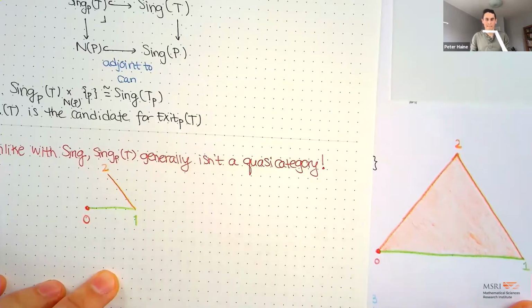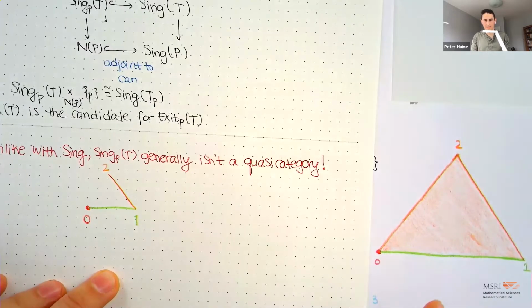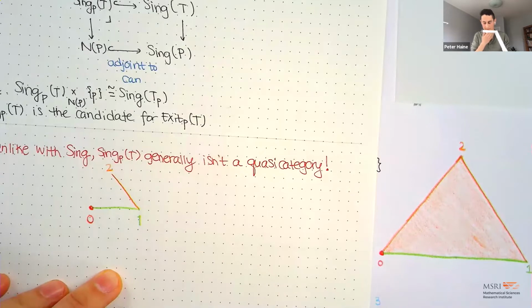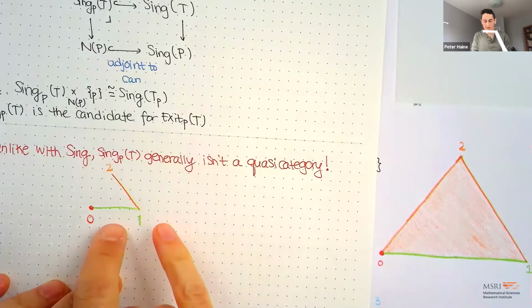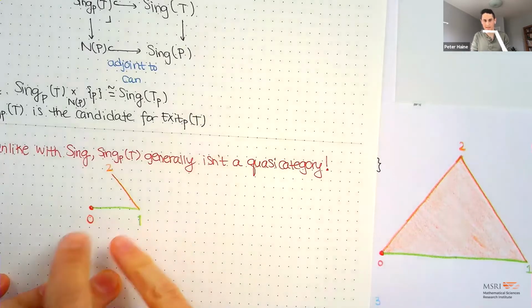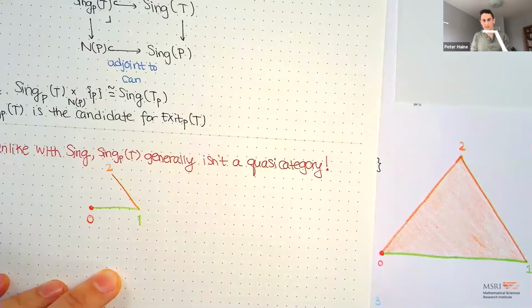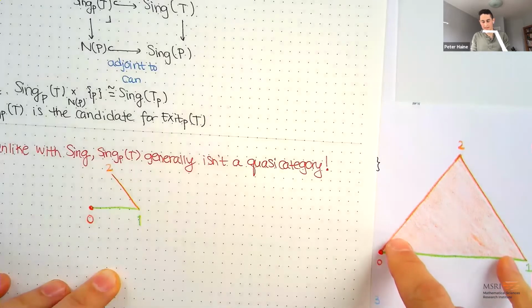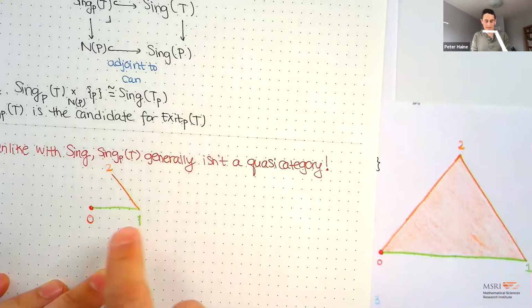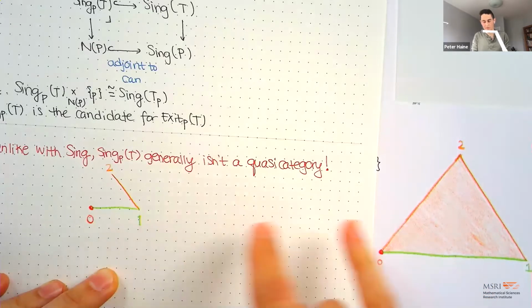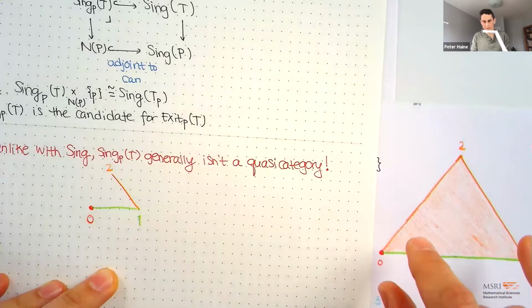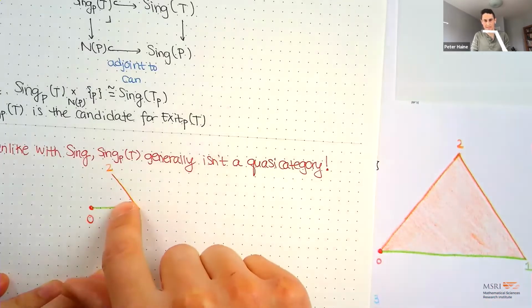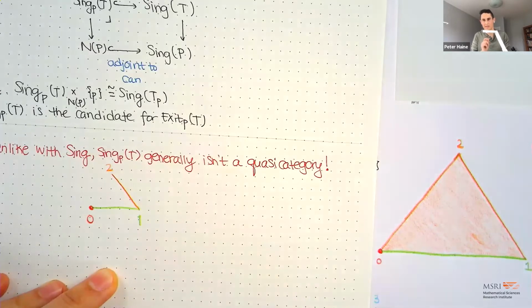And the point is that, you have to go through some definitions, but if you look at one of the horn filling conditions that you would need for this to be a quasi-category, a special case is you need a retraction of this guy onto this guy that respects the stratifications.